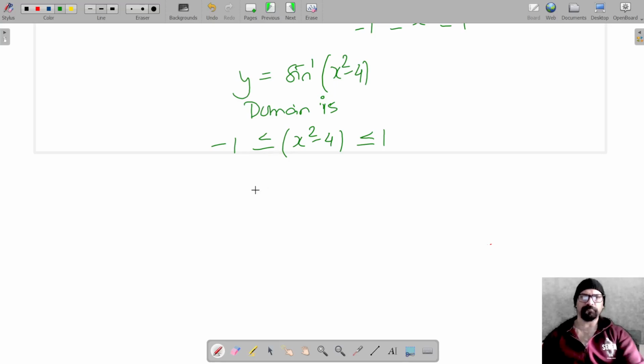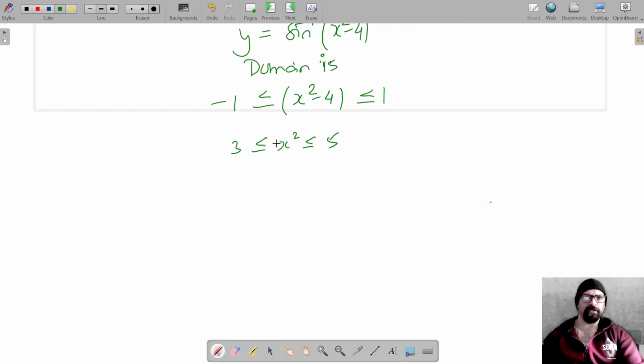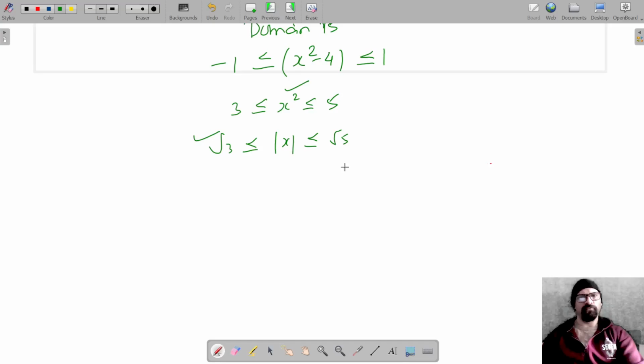Now, this gives me x squared greater than or equal to 3 and less than or equal to 5. If I remove the square and take the modulus, that is the positive value of x, it should be somewhat like this: modulus of x should be greater than or equal to root 3 and less than or equal to root 5.